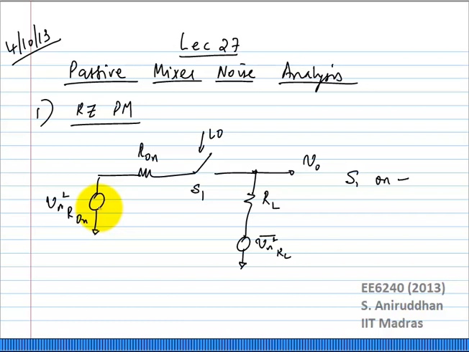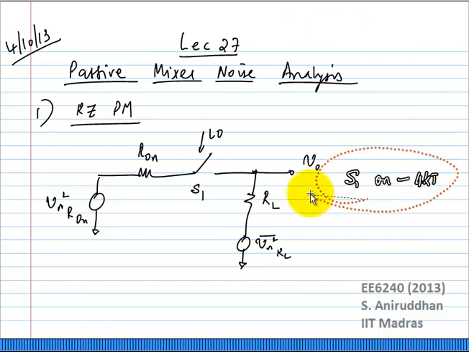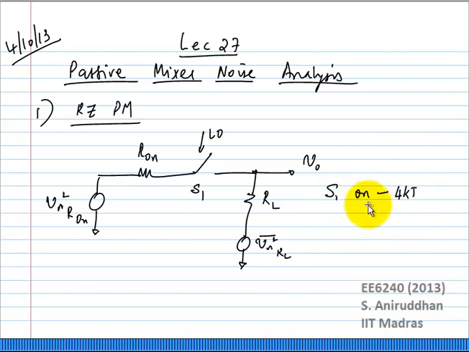Correct. So it will just be R on and RL in parallel. Whatever resistance that is, that will create some noise. So this will give you 4 kT into R on parallel RL. When S1 is off, what is the output noise? 4 kT RL, right?